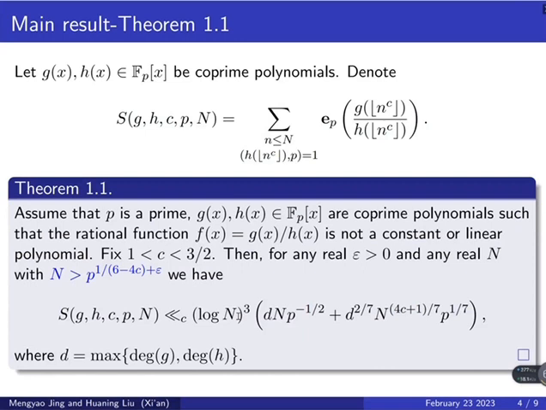We focus on the sums defined as in the first formula. Assume that the rational function g over h is not a constant or linear polynomial. Suppose also that c is less than 3/2 and n is greater than the blue value. We obtain a new bound in theorem 1.1.